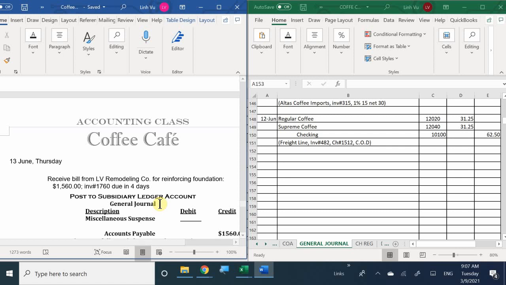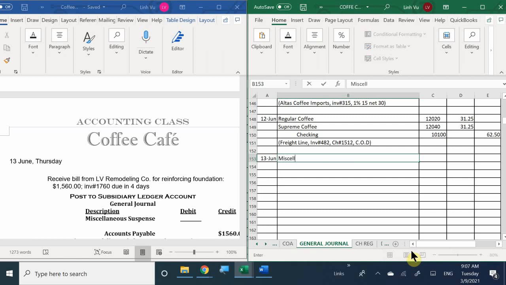Okay, so let's go ahead and enter this in here. So again, the date is now June 13. We're going to place it where the coffee grinder is, which is in miscellaneous suspense. And of course, we're paying it later, so accounts payable.